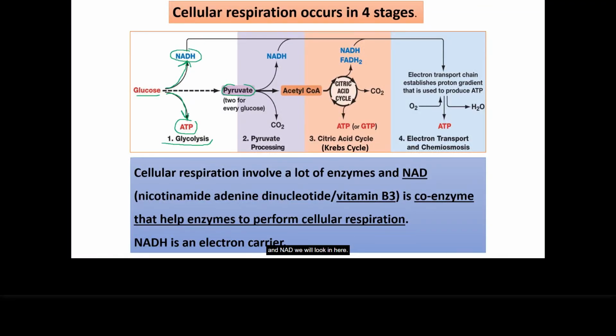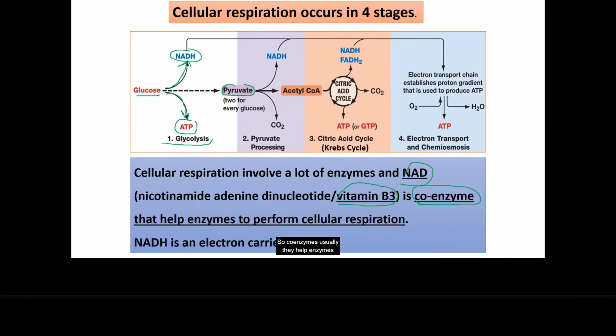And NAD, what we look at here, NAD or nicotinamide adenine dinucleotide, is the same name. It's vitamin B3, and it is a coenzyme. It's not an enzyme, it's a coenzyme.